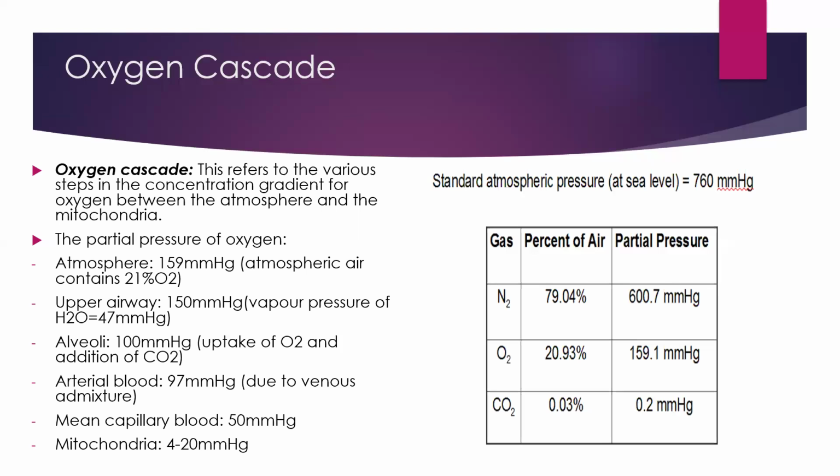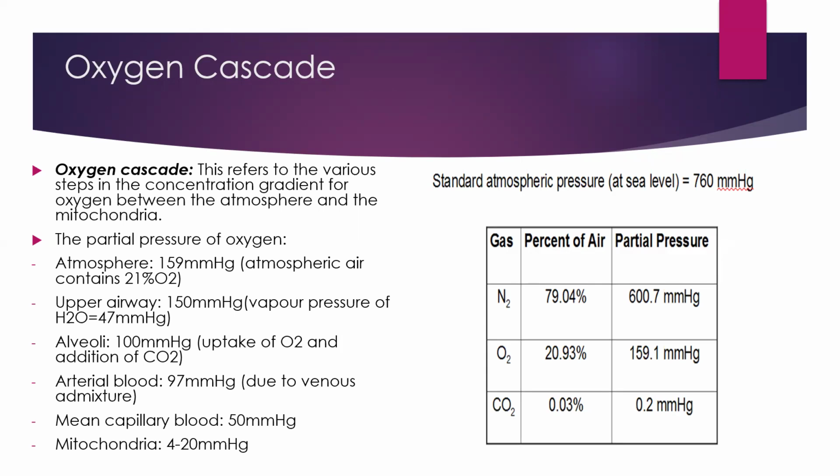The partial pressure of oxygen in the atmosphere is about 159, because oxygen makes up about 20% of total air. As it gets into the upper airway, this gets reduced because of the vapor pressure of water, which is about 47. As it goes into the alveoli, it gets reduced further to 100 millimeters of mercury.